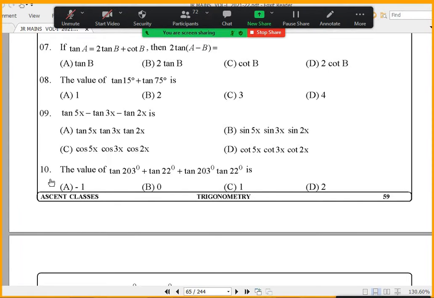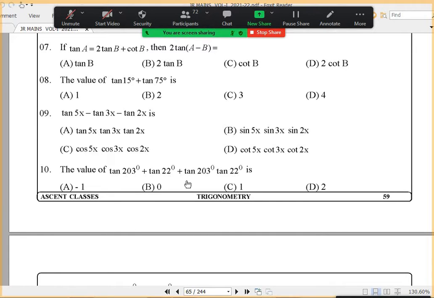When you try the 10th question later on your own, between 203 degrees and 22 degrees, there is a relation. What is that? What is the relation between 203 and 22? 203 plus 22 is equal to 225 degrees.